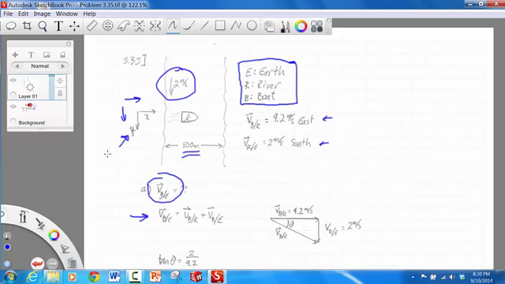Figuring out what you want to write: what I said is the velocity of the boat relative to the Earth is going to be the velocity of the boat relative to the river, which is what they give me, plus the velocity of the river relative to Earth. Now why did I choose that? Because I see this B over E here, and here I see boat river, and then I see river Earth.